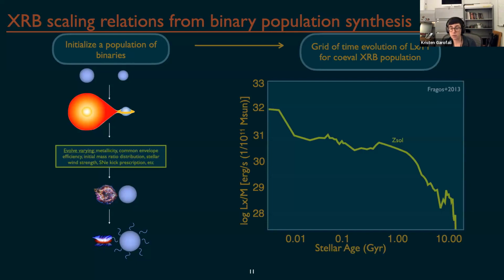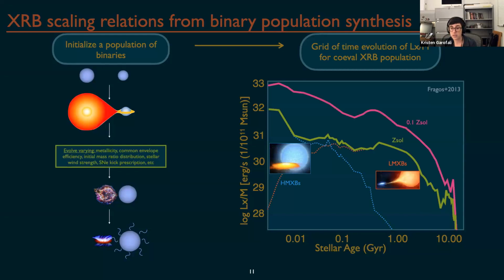So here I'm showing from Fragos et al. in 2013, the case for solar metallicity. And this can be broken down then from our population synthesis into high mass and low mass X-ray binary components. And likewise, this can be looked at for different metallicities. So here again, we see the case of what we saw observationally, where the low metallicity models produce significantly more X-ray luminosity per unit stellar mass.